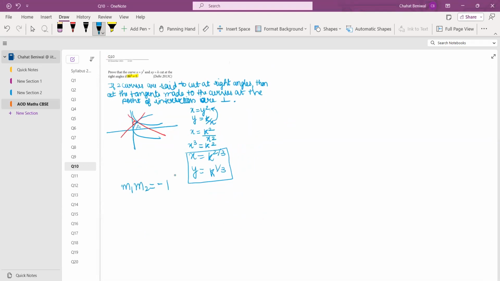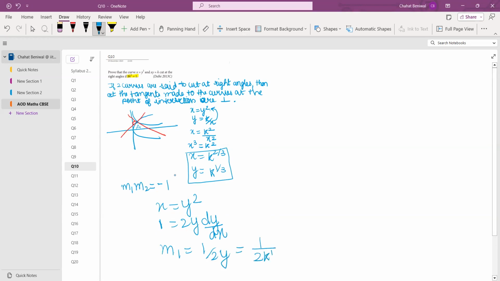Okay. So firstly, I'm going to take this curve x is equal to y square. Differentiating on both sides, it's going to be 1 equal to 2y dy by dx. Let us take it as m1. So m1 is equal to 1 upon 2y, which is 1 upon 2 k raised to the power 1 upon 3.